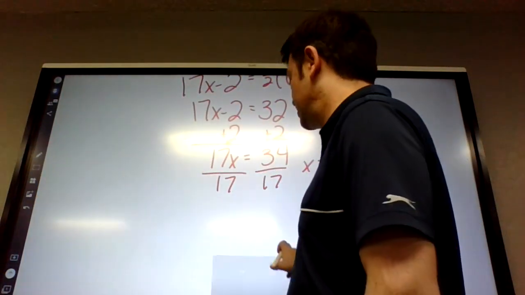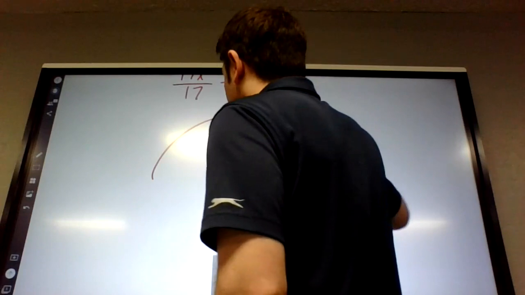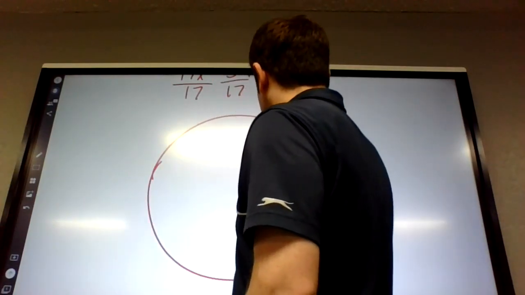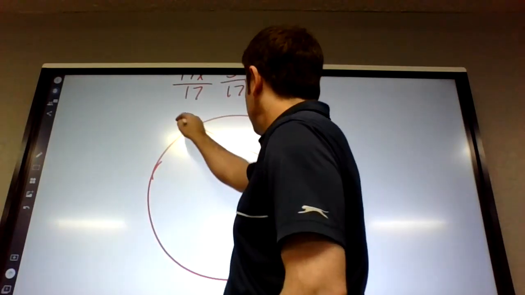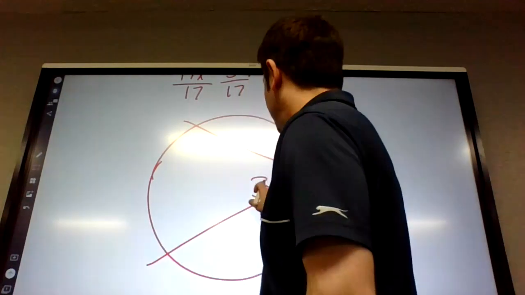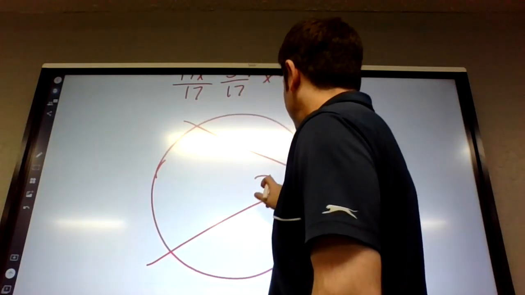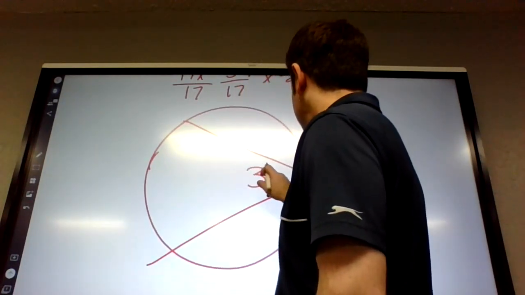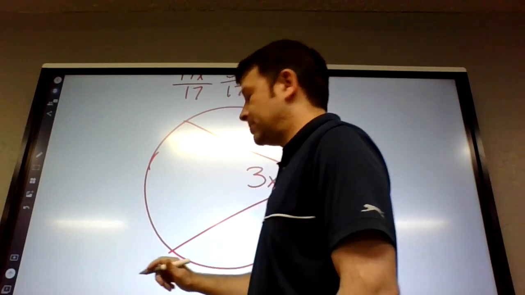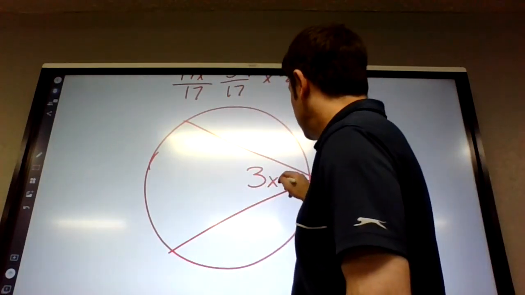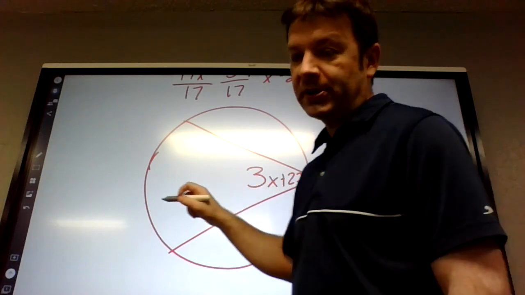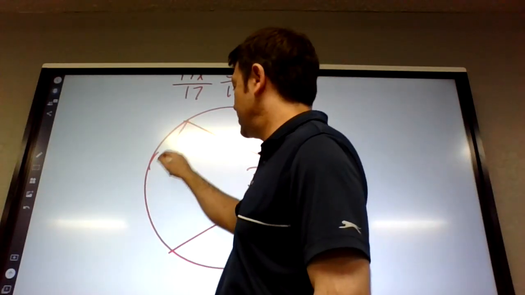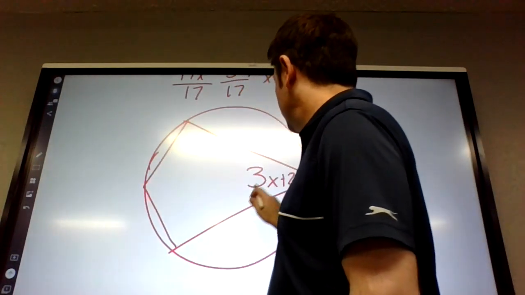I'll draw this, but it's kind of confusing because they drew more stuff than is actually needed. Just threw you off or something. Because we don't really need angle M or anything.